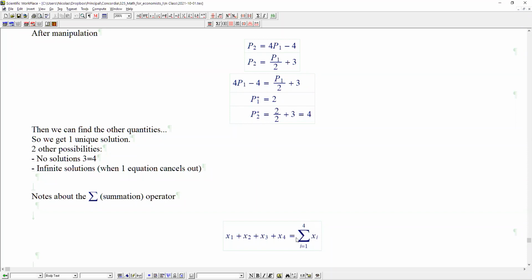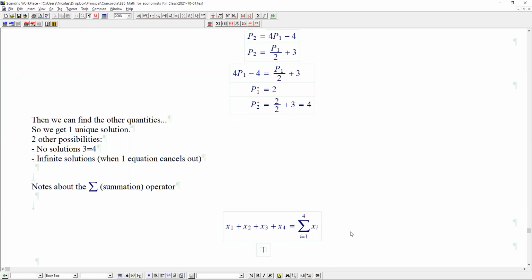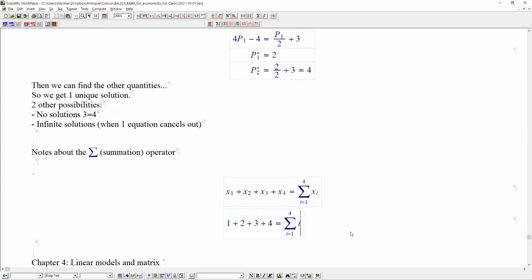Since we have 4 numbers, x1 to x4, we just write it this way. And if we had numbers, say 1 plus 2 plus 3 plus 4, that would be equal to the sum of i, and it would of course be equal to 10, if I'm not mistaken. Yes.